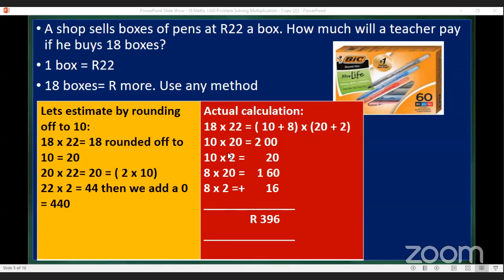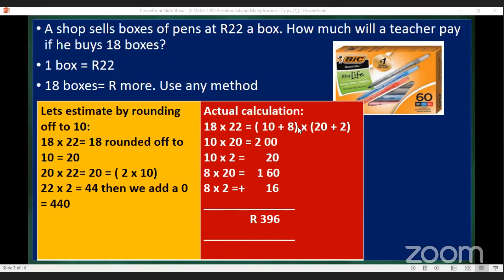We are on this one, the red part. So you break down: 18 times 10, 8 times 10 times 20. Okay, start with breaking it down here.